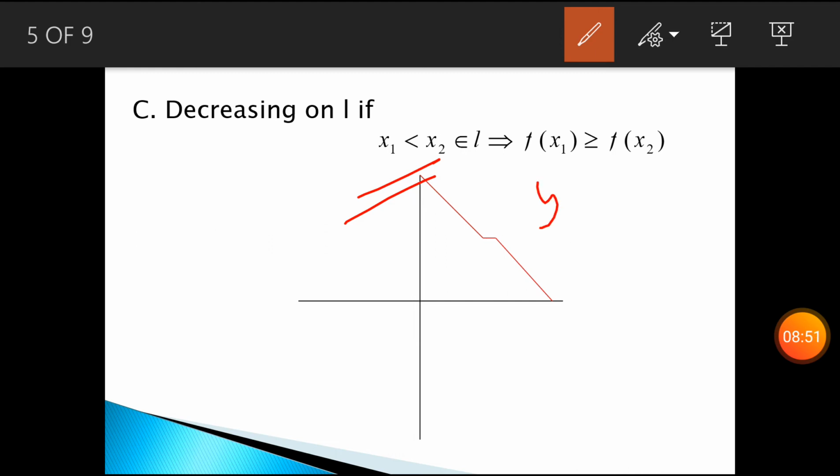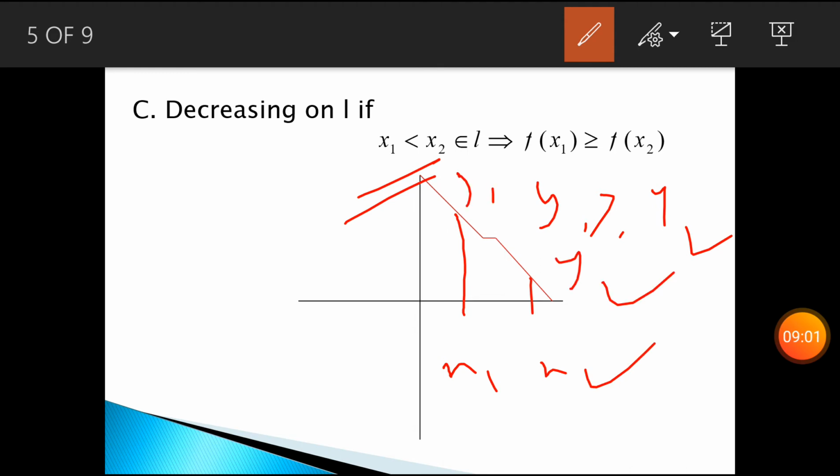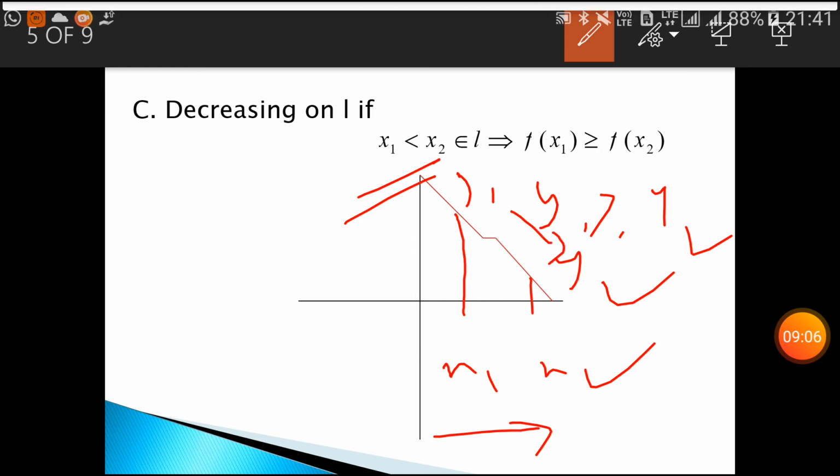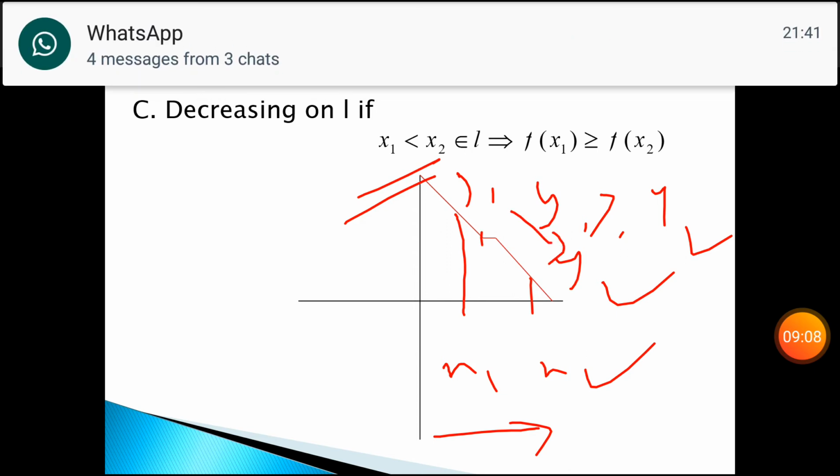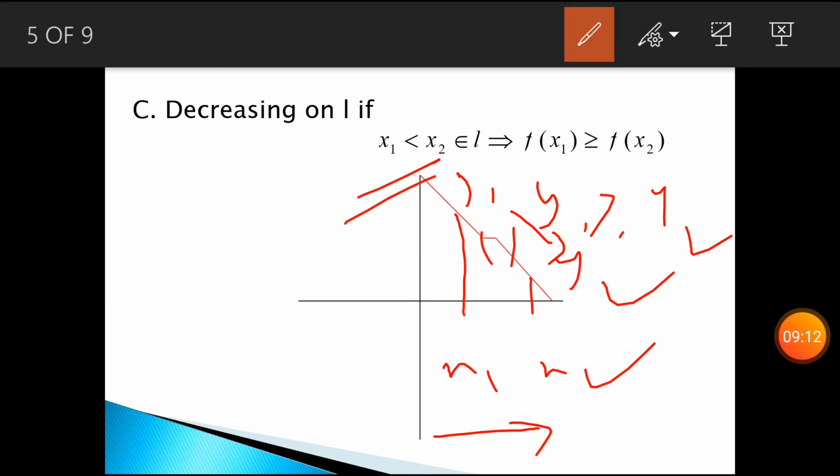It means y1 can be greater than or equal to y2. Here you can consider the point. This is x1 and this is x2. So this point will be y1 and this point will be y2. x is increasing, and here you can see that y is decreasing. Within this, again it can have the same value because the graph is almost constant. So this is the case of decreasing.